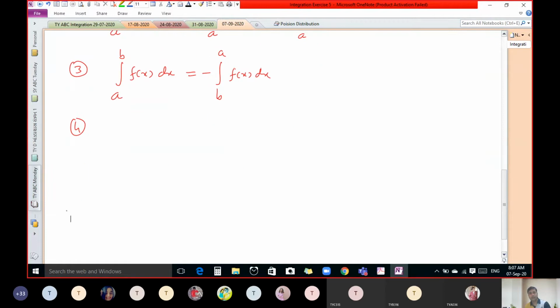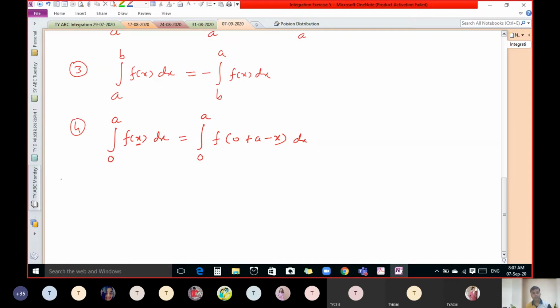Next, integration of f of x dx, range, let us say 0 to a. Then in place of x, if we write this lower limit plus upper limit minus x, and if we find the integration with respect to x with the same range 0 to a, the answer remains same.